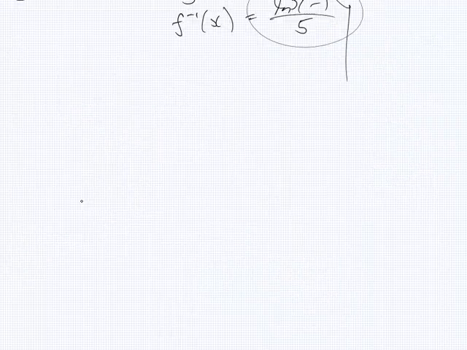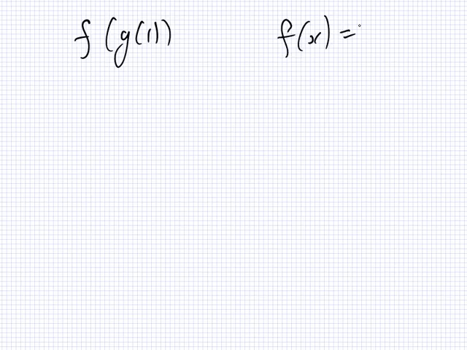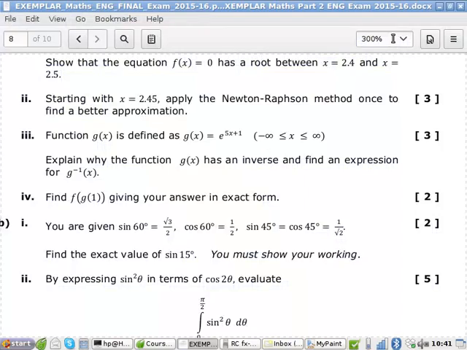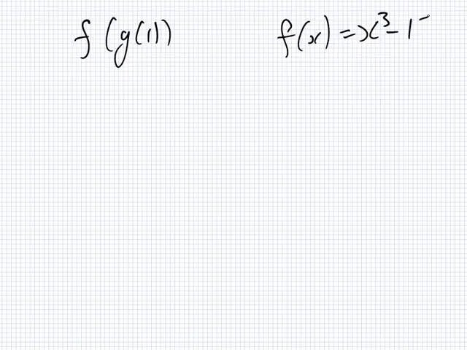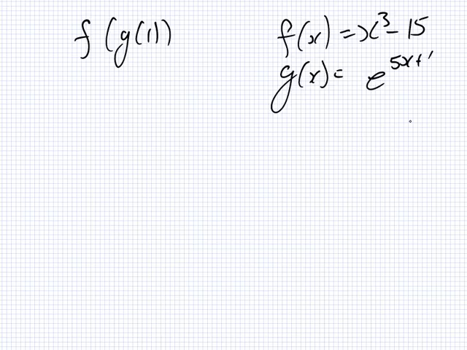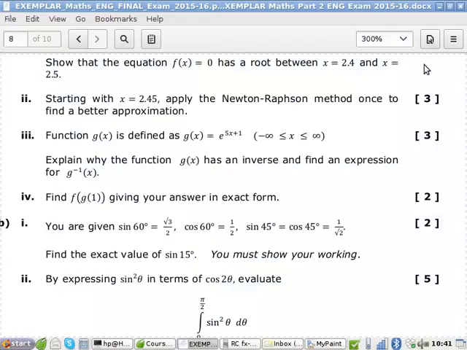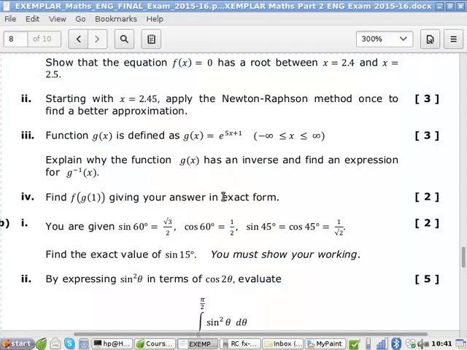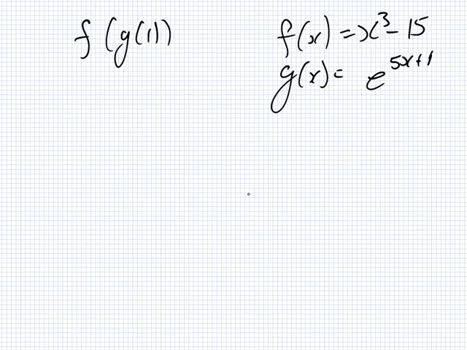Okay, try that now. f of x is x cubed minus 15, and then g of x is e to the 5x plus 1. And note, they want the exact answer, in exact form, no decimals.